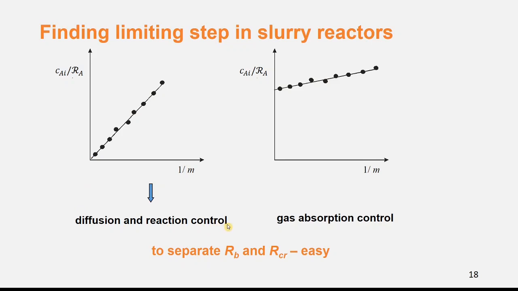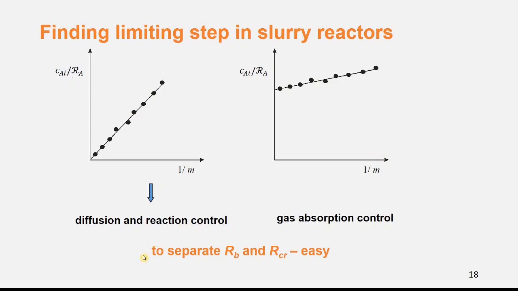On the other hand, if the slope is small and the y-intercept is large, then the gas absorption step is limiting the overall rate of reaction. So if your plot has a low intercept and a relatively flat slope, then this is ideal because both resistances are low. So low and flat is good for these plots.